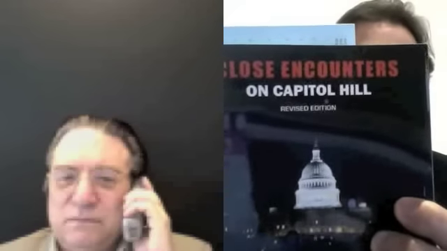Okay, let's try a little more visual here, just for your audience. Let's see if we can do this. The first book that I wrote is called Close Encounters on Capitol Hill. That took me a couple years to write.